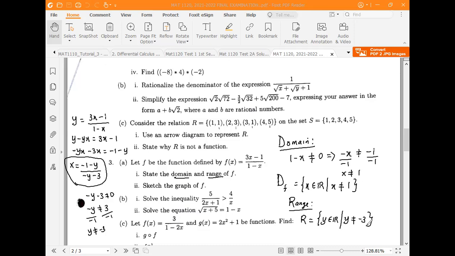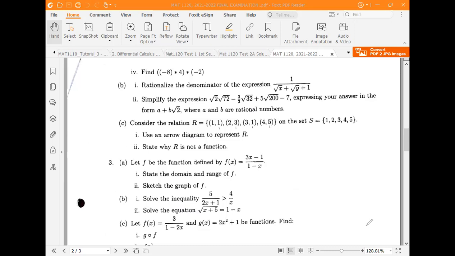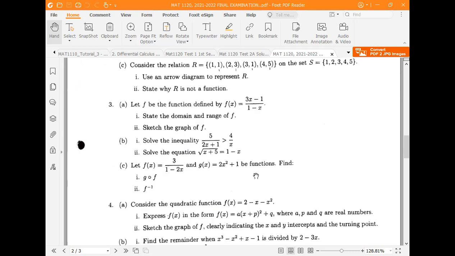Okay. Let's continue searching. So, if we were to say, which is question C, where they're saying let f of x equal 3 over 1 minus 2x, then let's say we assume this question was asking about the range and the domain.